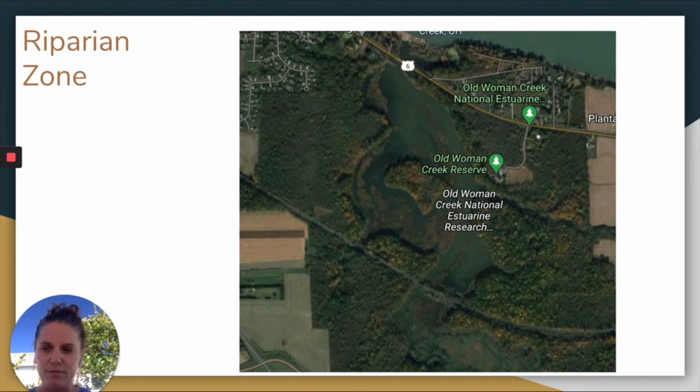They love water and they pull up the water and use it very efficiently. This satellite view shows you Old Woman Creek, and you can probably see the riparian zone because in the satellite view, it looks kind of green. You can see trees, and it's just like a buffer zone between the creek and the stuff around it.